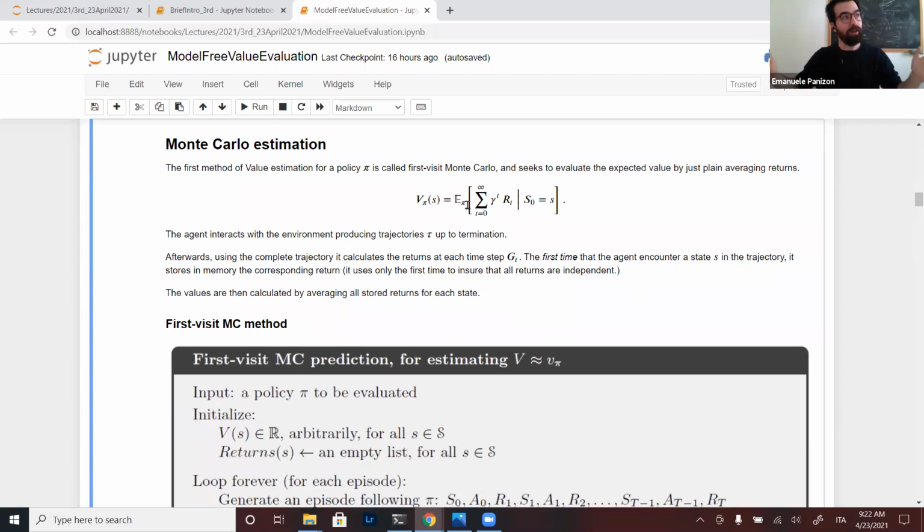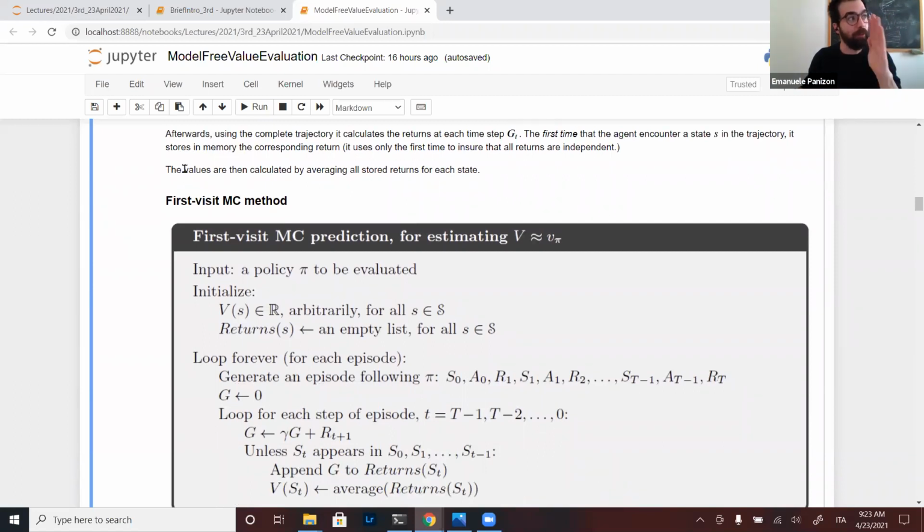In one trajectory, I will take only the first time I visit the state. I will calculate the return for the first time, and I will only keep that one. So for each trajectory, the first time I find a state, I calculate the return from that point onwards, and I will associate the state with that return. Okay.